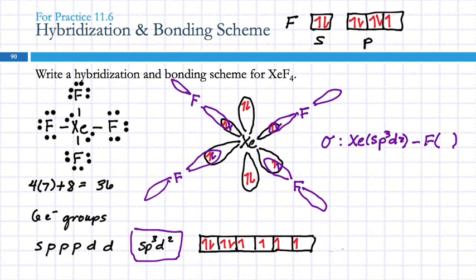Did fluorine hybridize its orbitals? No. So just the p. So it's just a p orbital from fluorine.